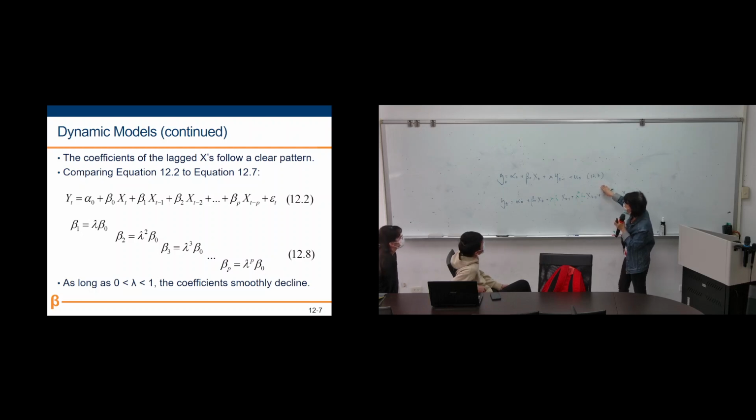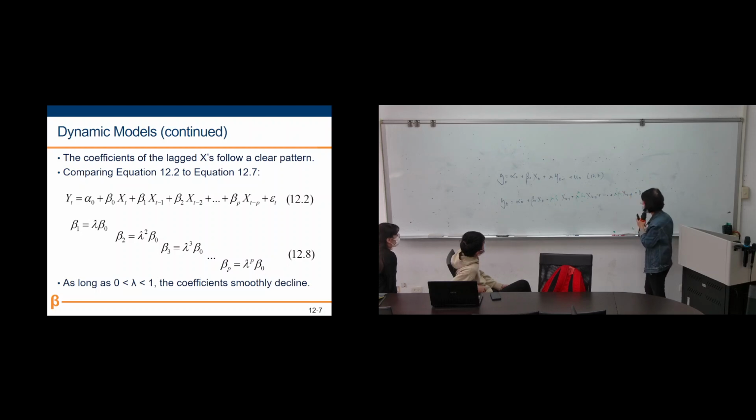So you can see the relationship from the dynamic model into the distributed lag model. This lambda square follows the lag: minus 1 is 1, minus 2 is 2, so up to minus p it will be lambda p beta 0.